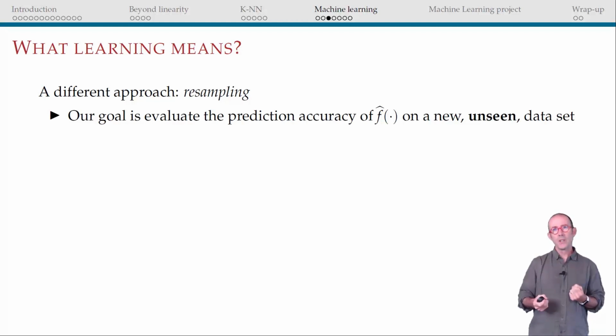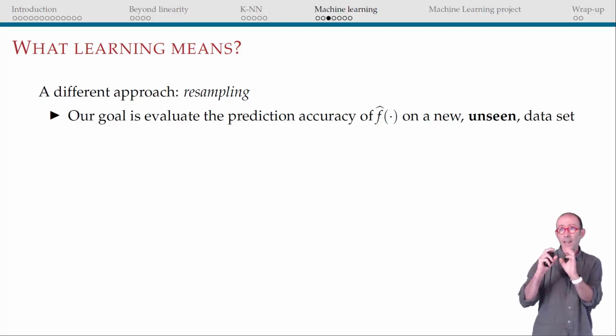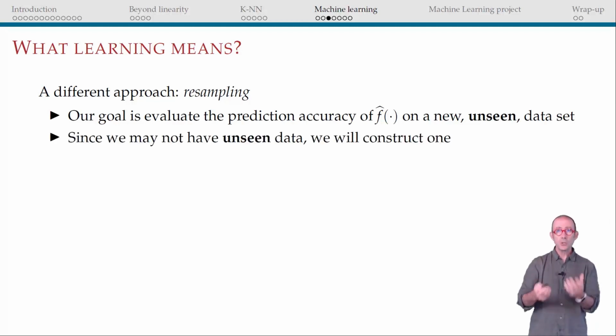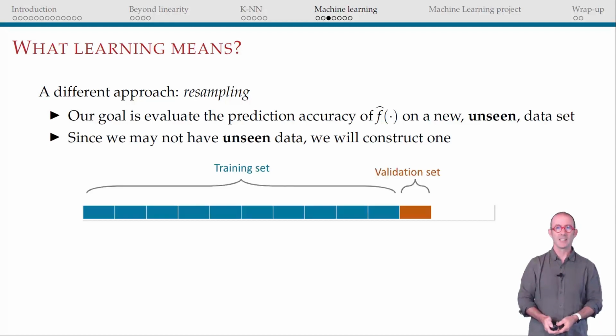Since our goal is to evaluate the prediction accuracy of F on new, unseen dataset, we're going to construct a method, a way of working, so that we will always have somehow a way to assess that we are predicting well on new, unseen dataset. So for that, we will construct a new dataset.